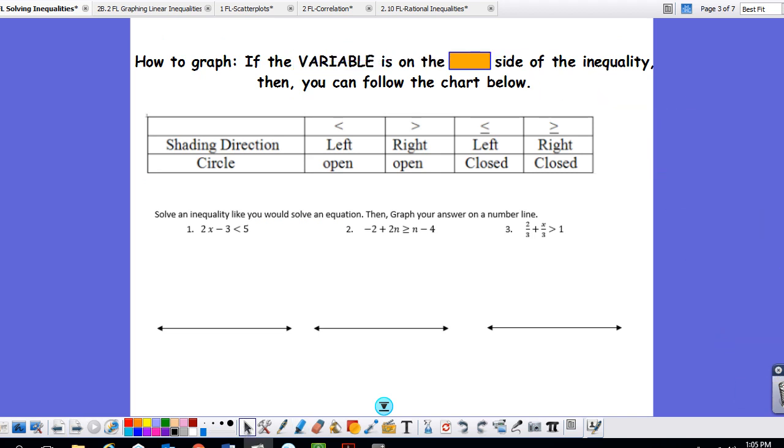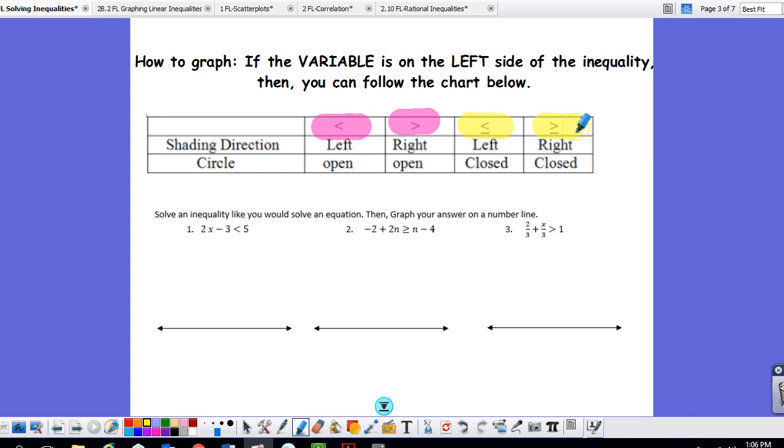So again, when we graph, if you can get the variable on the left side of the inequality, then we can follow this sign chart. If we have a less than symbol, then you're going to shade to the left, a greater than to the right, and without the equal part, you're going to leave open circles. For the last two, you have less than or equal to, or greater than or equal to, you're going to have a closed circle.